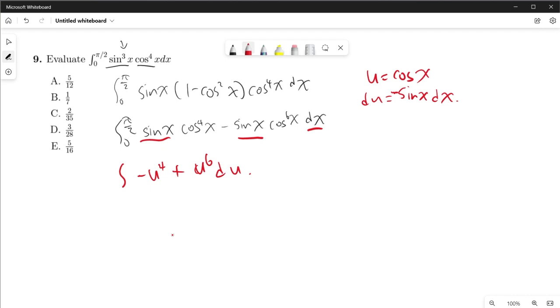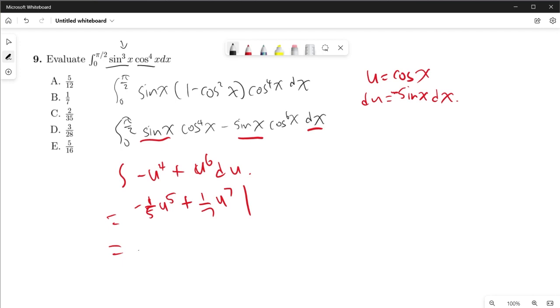And now we can just solve this integral, and that would be -1/5 u to the 5th plus 1/7 u to the 7th, and all of this will be over something. But let's do that after we plug in for u.